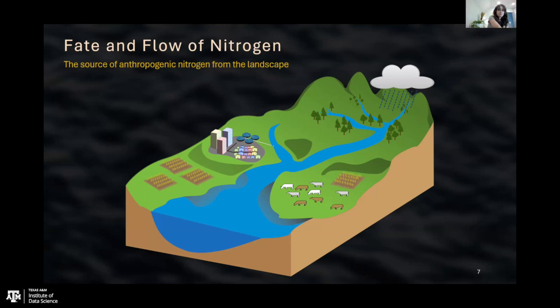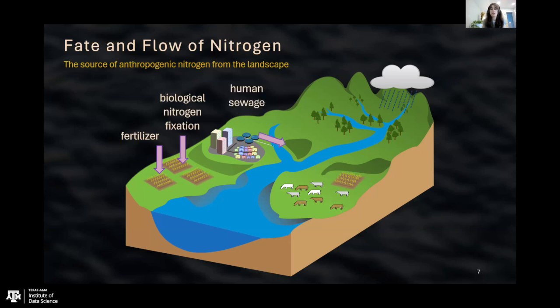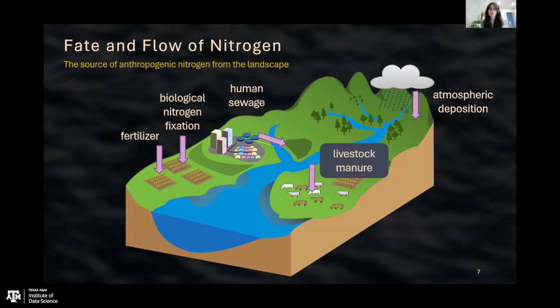There are a few main sources of nitrogen or nutrients that I look at. A lot of it is from fertilizer. There is biological nitrogen fixation, human sewage, and atmospheric deposition, so from rain, you'll get nitrogen that goes onto the ground, onto the watershed or the earth surface. And then livestock manure.